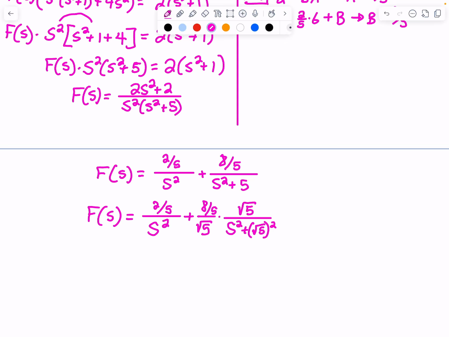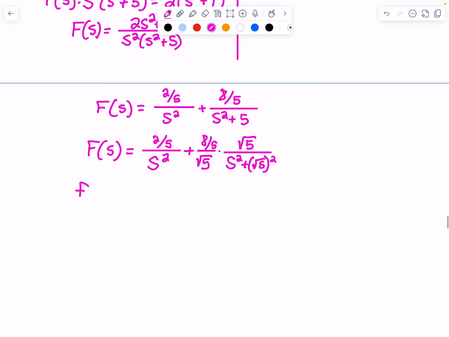Okay, so now that's set up. So f of t then is 2 over 5 t plus, and then I'm going to put this fraction together. This is 8 over 5 root 5, and this is going to be sine root 5t. And there is our solution.